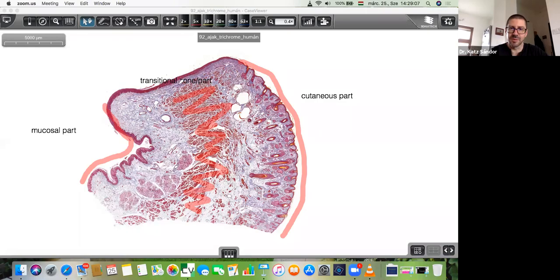The upper part is a thinner, well-vascularized area, but there, the mucosal part has stratified non-keratinized squamous epithelium with some glands, but we will talk about them later. And at the core, we have a muscle. Here we can find the fibers of the orbicularis oris muscle.